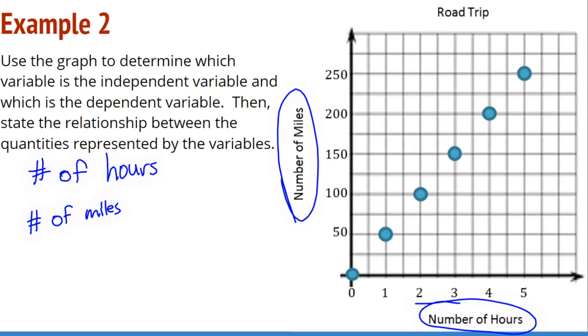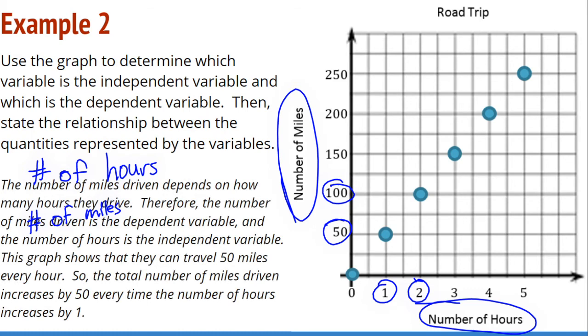Now the relationship here. So I have to do a little bit of analysis. What is the connection between 1 hour and 50 miles? What is the connection between 2 hours and 100 miles? Well, what we're seeing here is if I travel 1 hour, I've traveled 50 miles, and 2 hours is 100 miles.